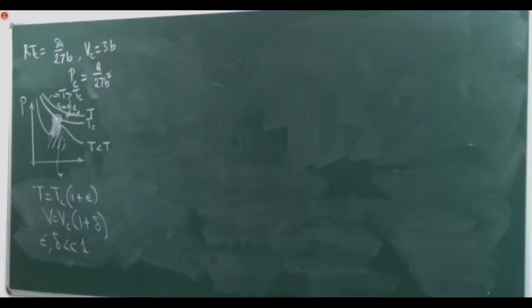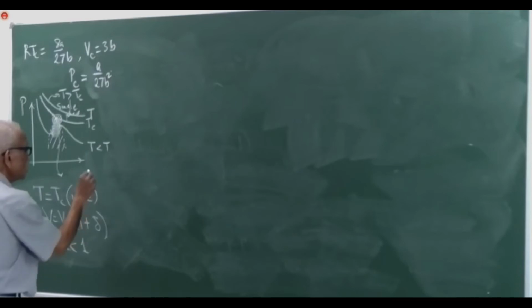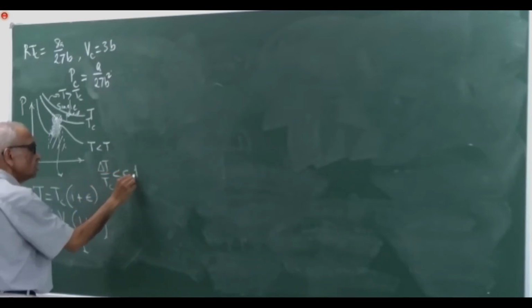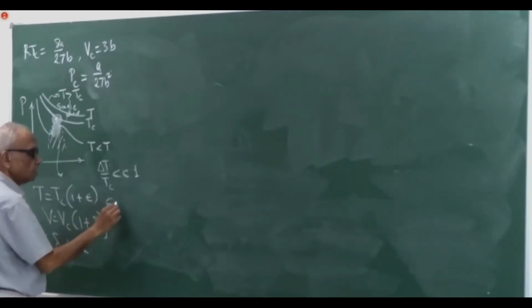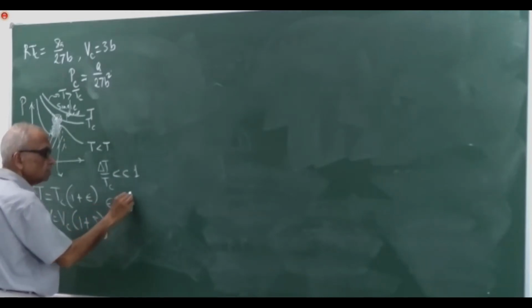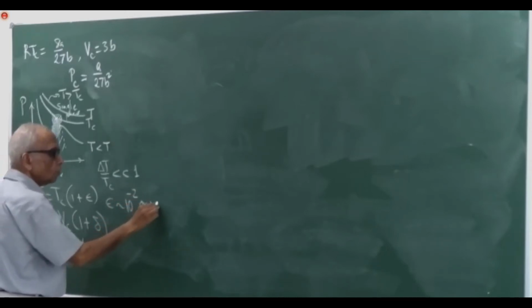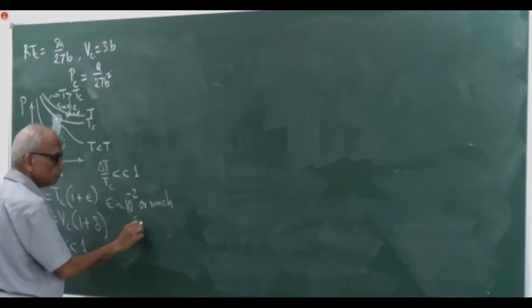So I'm interested only in the immediate vicinity. As I must have mentioned, immediate vicinity means that delta T over Tc is much, much smaller than 1, that is, this epsilon is like 10 to the power minus 2 or much smaller.